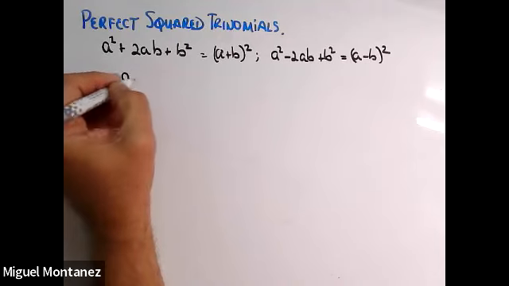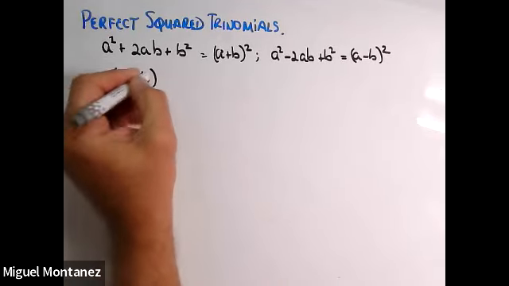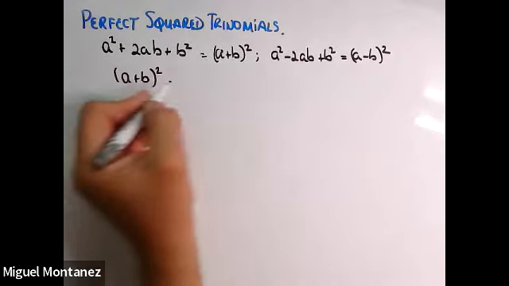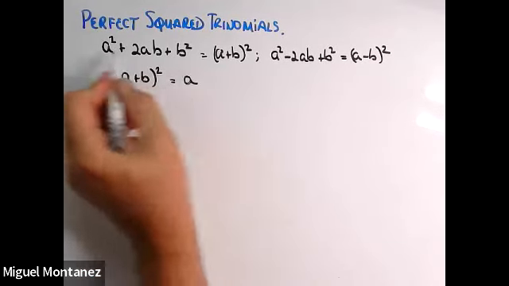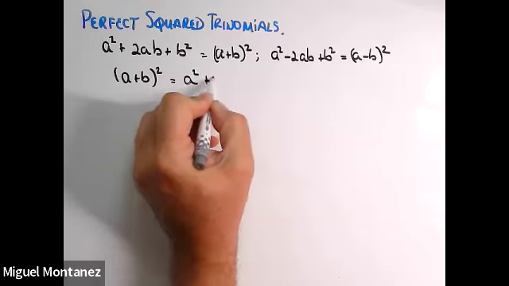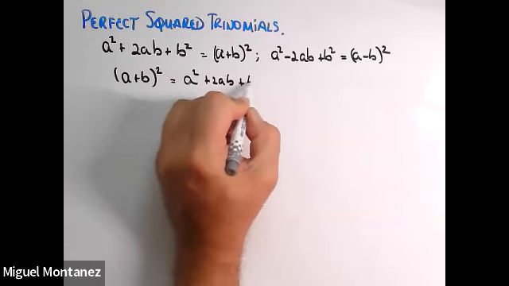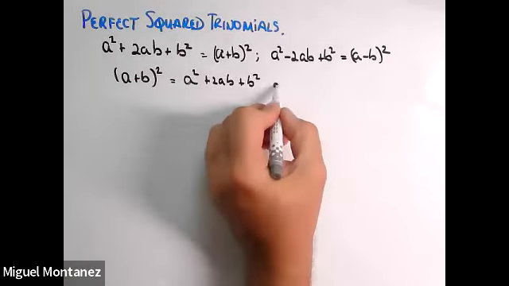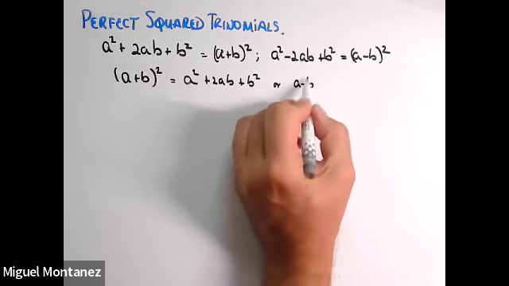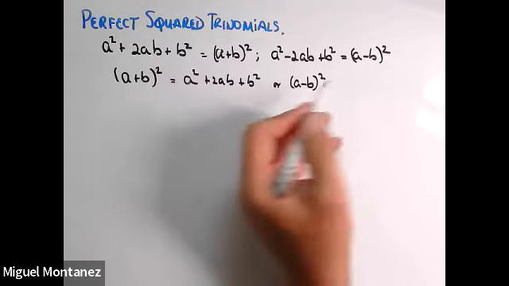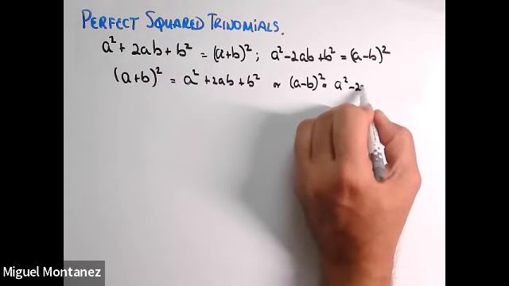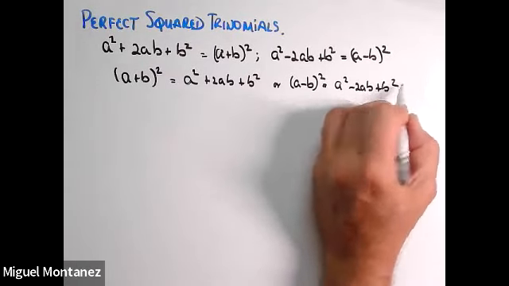What if I have a term already expressed as a square, and I need to expand it? Of course, we expand as a squared plus 2ab plus b squared, or a squared minus 2ab plus b squared, going from right to left instead of left to right.